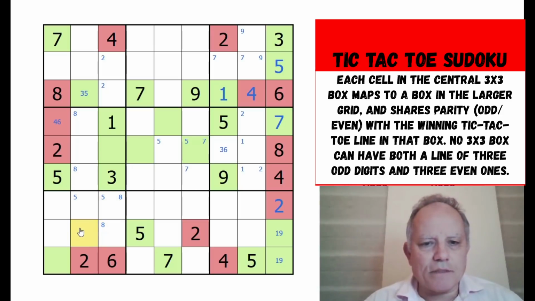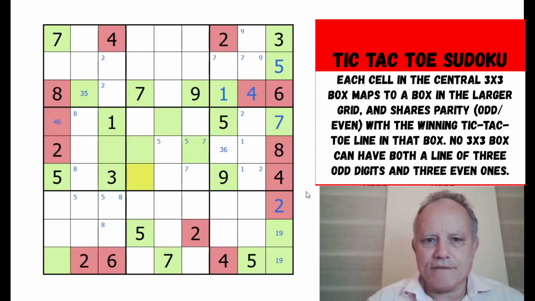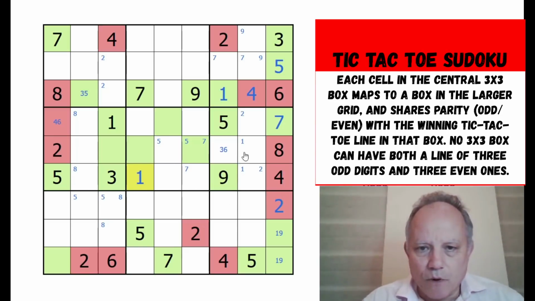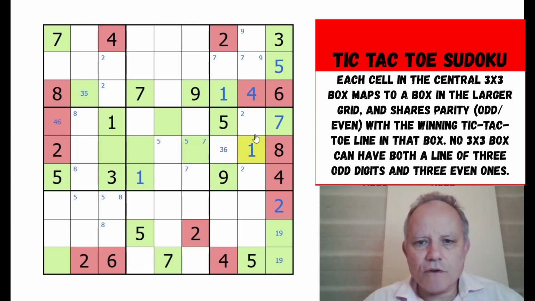So this box is won by even. So we get yet another even in the central cell. In fact, we can place the number because it sees 5, 3, 9 and 7. So that's a 1. We can put 1 in over here. Let's remember to colour that cell. 2, 3 and 6. Okay, so we know that was won by even anyway.